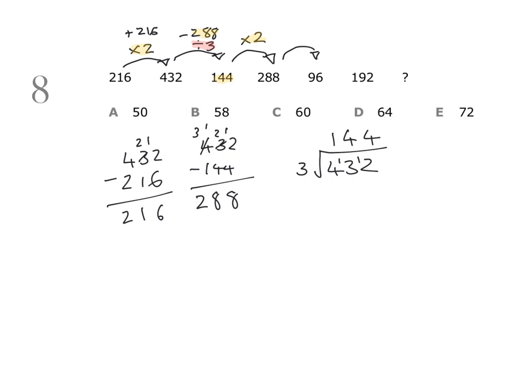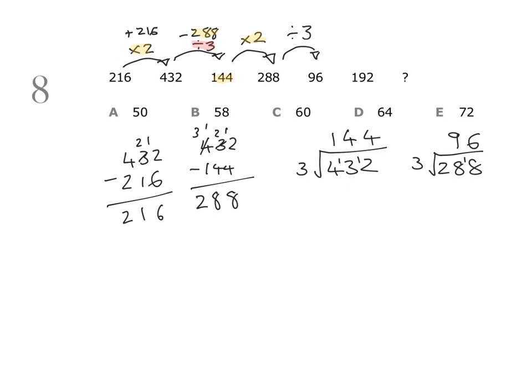So I wonder if that means that 288 divided by 3 will give us 96. So let's have a look. 3 into 2 doesn't go. 3 into 28 goes 9 times, remainder 1. And then 3 into 18 goes 6 times. So 288 divided by 3 is 96.